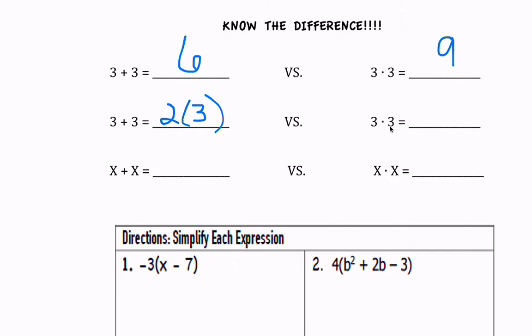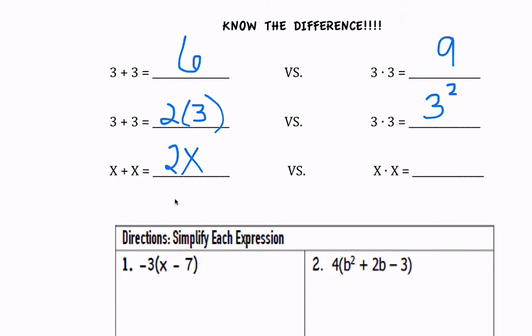But here, 3 times 3, another way that I can write 9 is 3 squared. So exponents are a fast way of doing multiplication. Therefore, x plus x is the same thing as having 2 x's.